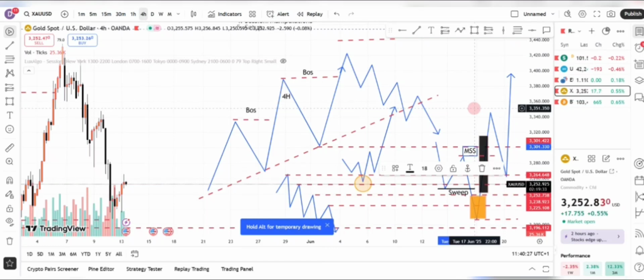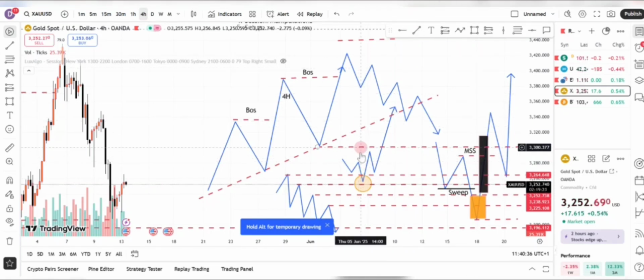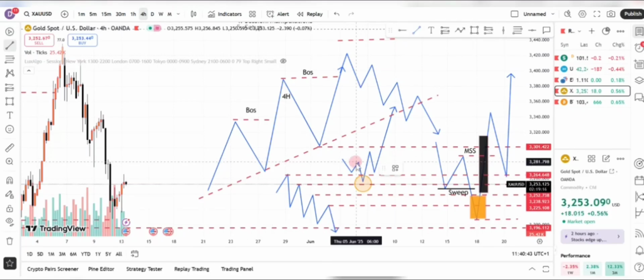Do you understand? Good. So once we break the structure, we have just done what we call a market structure shift. So if you were buying that market before, what am I telling you to do? Run away and stop. If you are selling that market before, what should you do now? Run away and start looking for what? Buying opportunities. Okay?